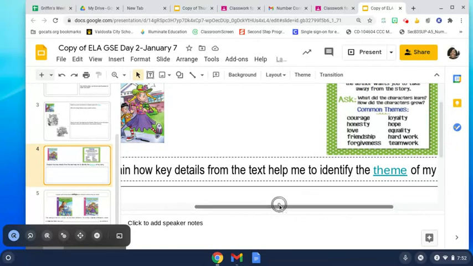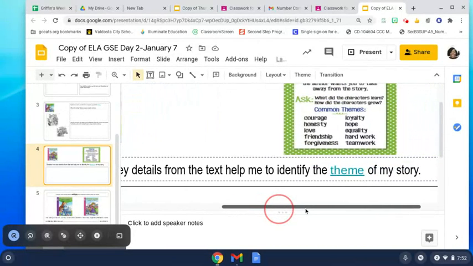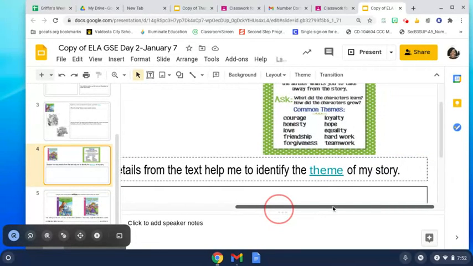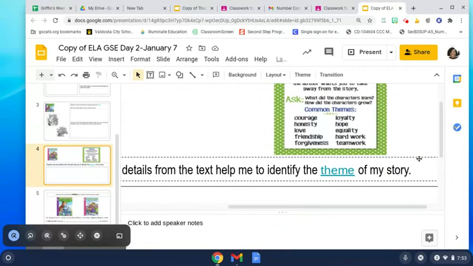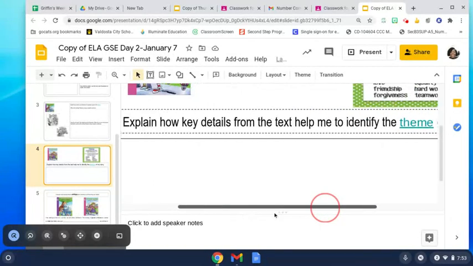Okay, so you're going to explain how key details from the text help you to identify the message in the story, the theme of the story. And you can click the link here to watch a video on what is theme if you're not sure.